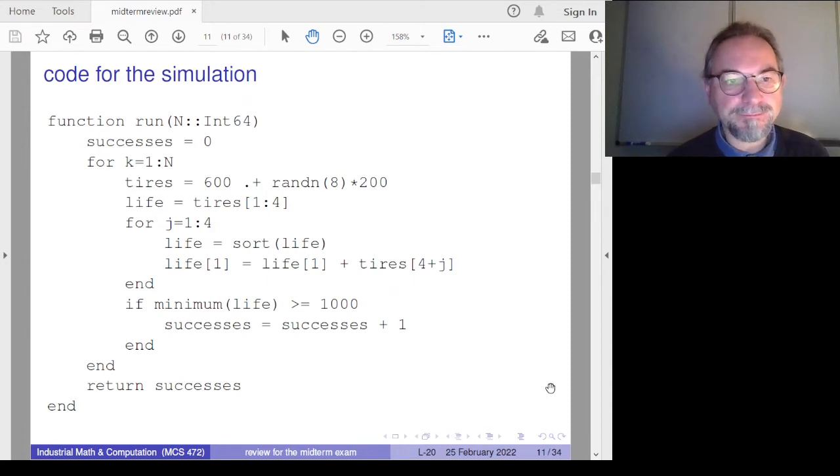What do we do? In every run, we draw random numbers, normally distributed. The standard function, randn, gives us a normal distribution with average 0 and standard deviation 1, so we add 600 to this, and we multiply the random number by 200.